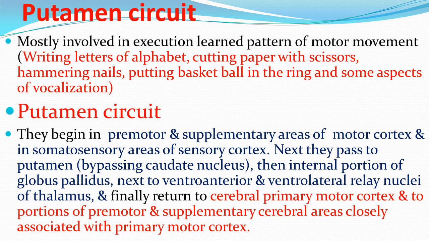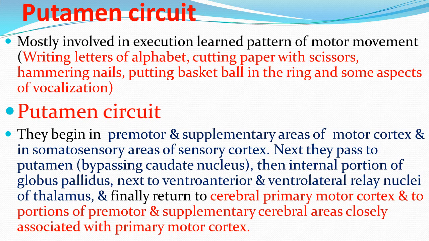For example, writing letters of the alphabet, cutting paper with scissors, hammering nails, putting a basketball in the ring, and some aspects of vocalization. Learned patterns, such as writing alphabets, and we learn to write alphabets. The putamen circuit is involved in the learning of writing alphabets.